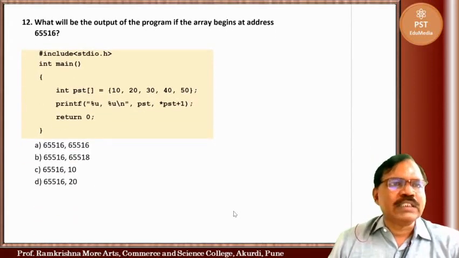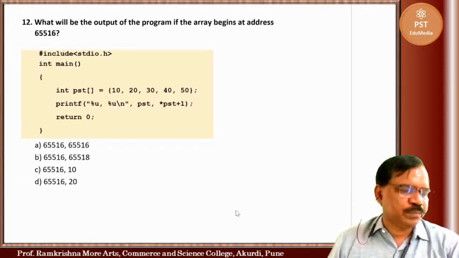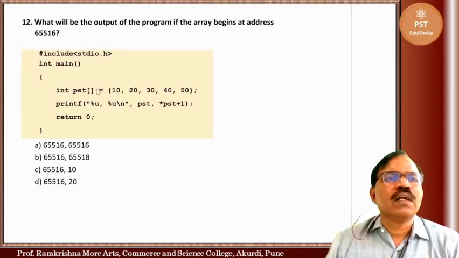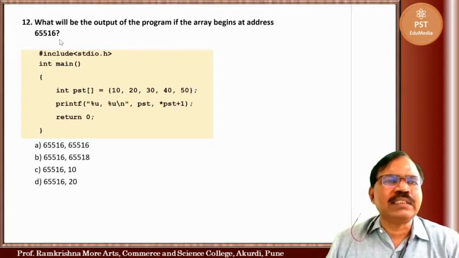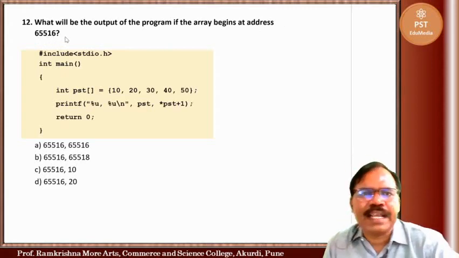Now next one, 12th. What will be the output of the program if the array begins at address 65516? So I have here the PST array.